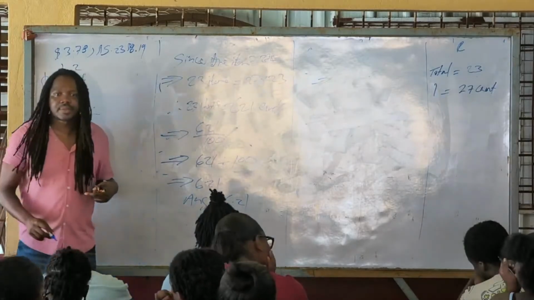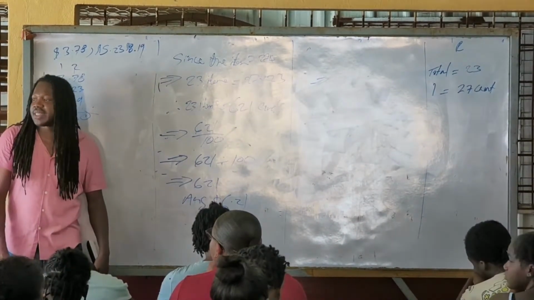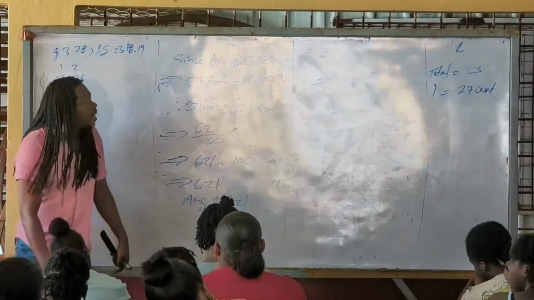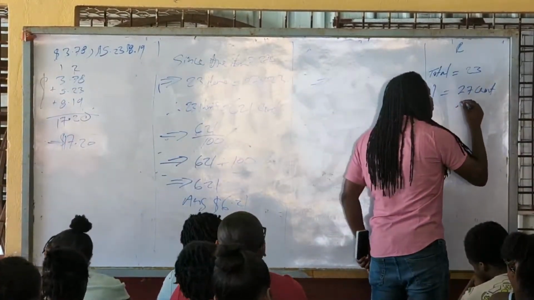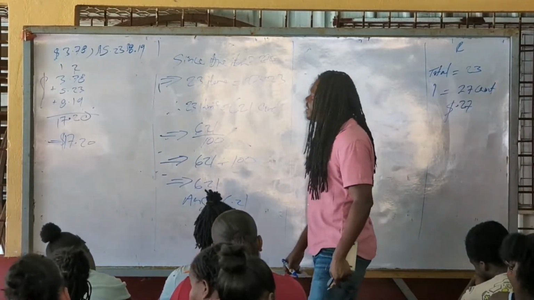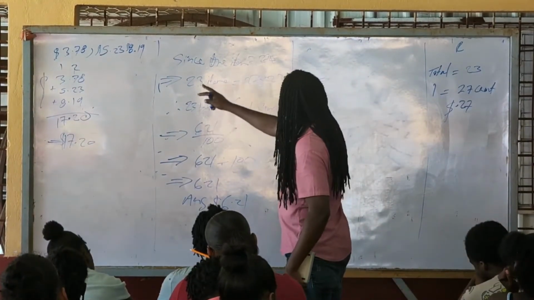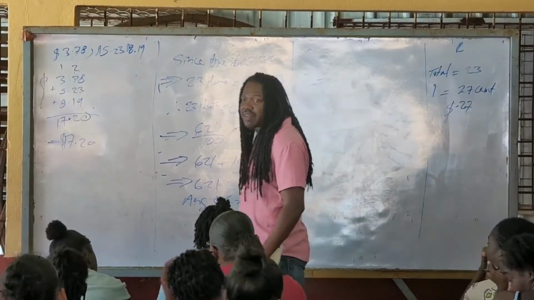Everybody see that? Equally, you could have said that 27 cents is $0.27. And therefore, from here, you would have said 23 times 0.27.